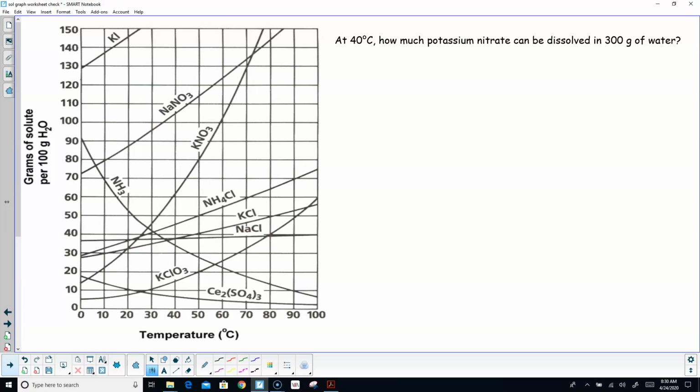This one says at 40 Celsius, how much potassium nitrate can dissolve in 300 grams of water. So once again, this is just kind of like the last one. We have to find potassium nitrate. That's this guy. And 40 Celsius, right? But once again, it's 300 grams of water, so we need to do a little adjusting here.